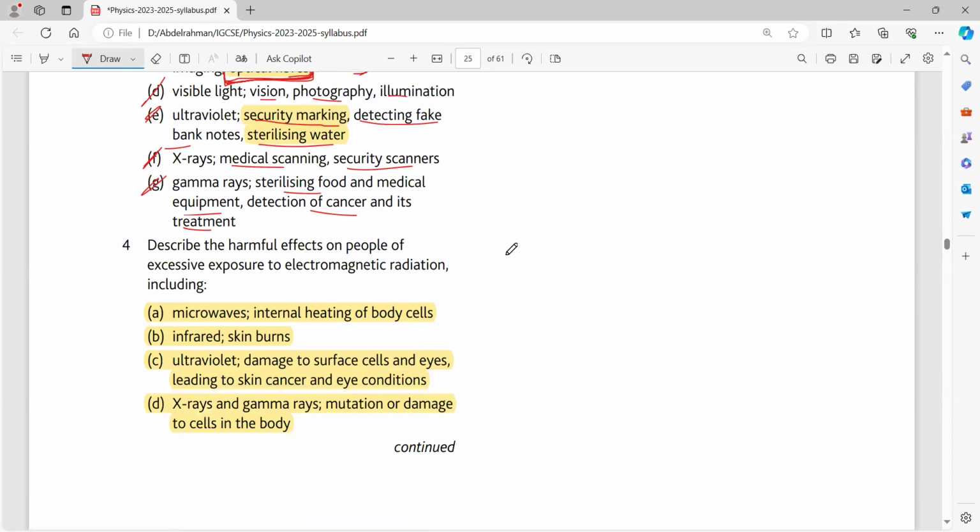Moving on to the harmful effects of these radiations. Microwaves and infrared both have to do with heating and skin burns. On the other side of the spectrum, it has to do with damaging the cells, skin cancer, and mutation of the cells.